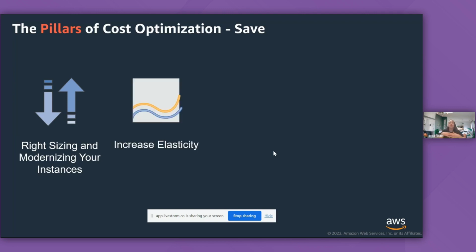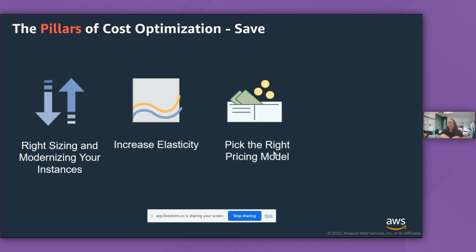Another thing we can see is if we can increase our elasticity. For example, if we have a testing environment that we can shut down during the weekend or in the evening, we can use tools like auto scaling and instance scheduler in order for us to maximize the savings. This is the main focus today. Pick the right pricing model.